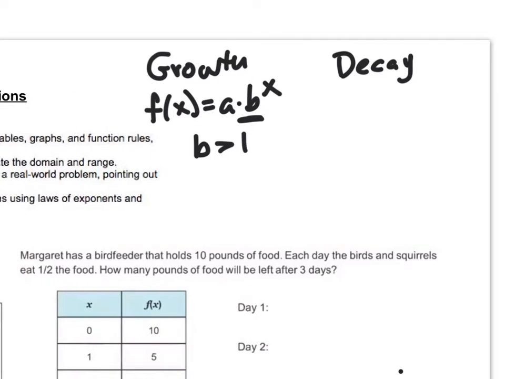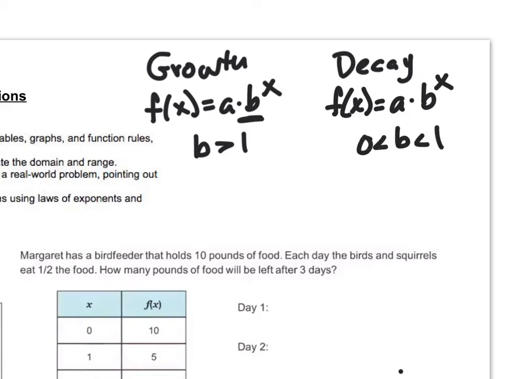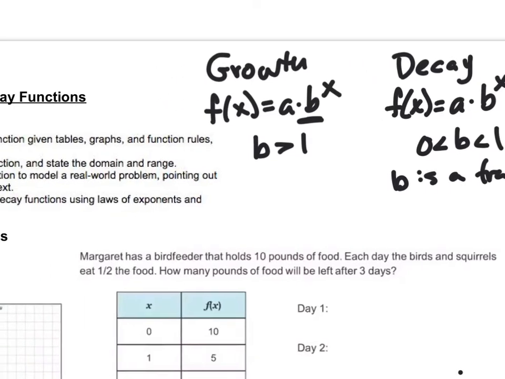When you have a decay function, what that means is that your base value, b, is going to be between 0 and 1. So b is a fraction. Now, to make sure we understand the difference between growth and decay, growth means that the y values are going to get bigger.